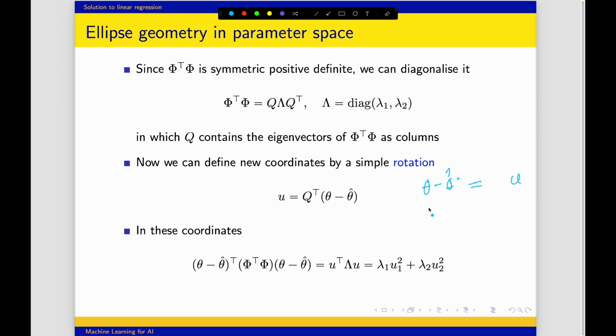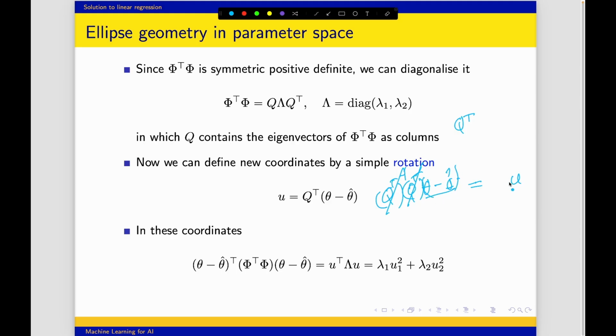Let's multiply both sides by Q transpose to the minus 1. We're multiplying this side by this, which is going to cancel that, so we end up with theta minus theta hat.